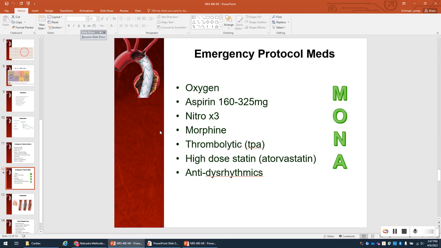So we're giving these patients nitro every 5 minutes as the chest pain continues until IV nitro is prepared. Morphine, it's a vasodilator. This is going to lower the oxygen consumption by the myocardium, reduces contractility, decreases blood pressure and heart rate. So we want to monitor for bradypnea or hypotension.